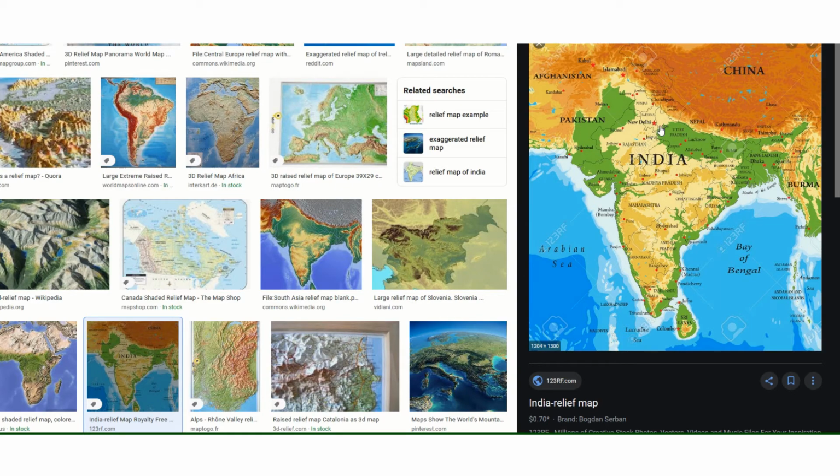So these different colors on the map show the different elevations. So you can say the sea level, the ground level, hills, and the mountains.